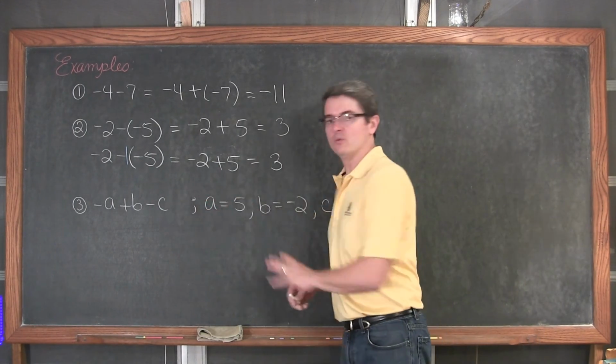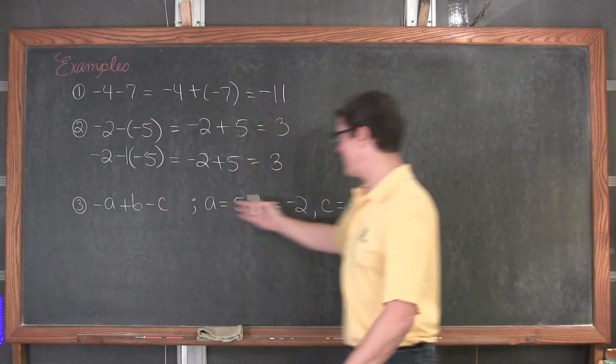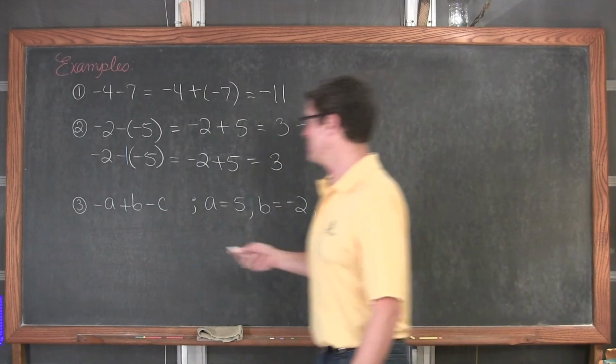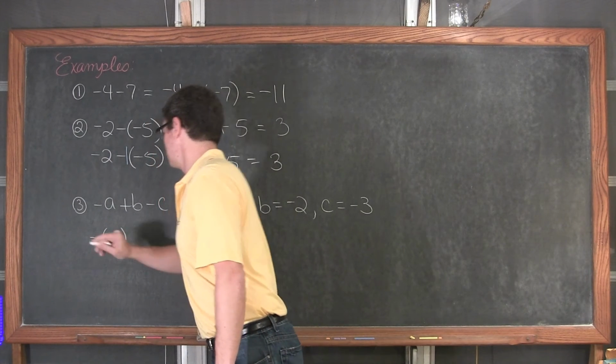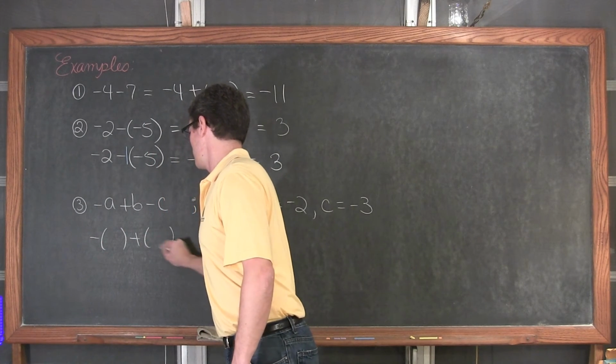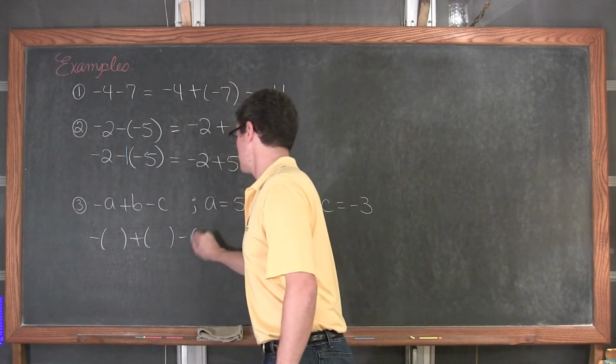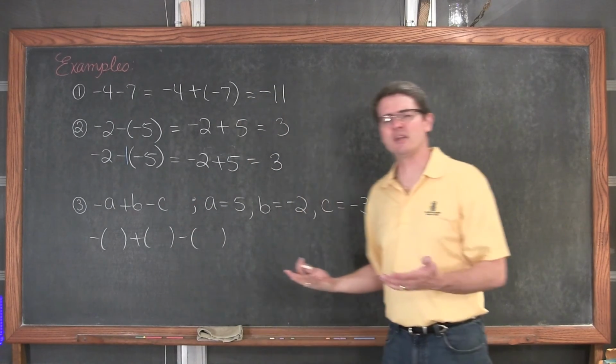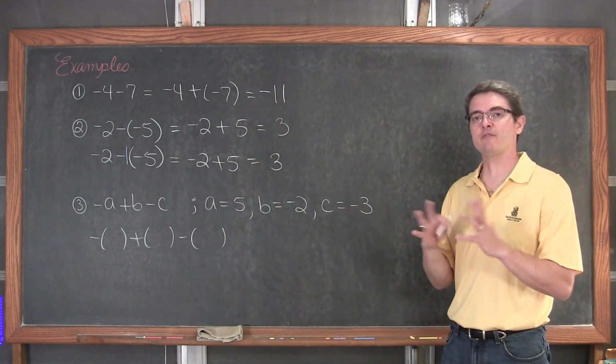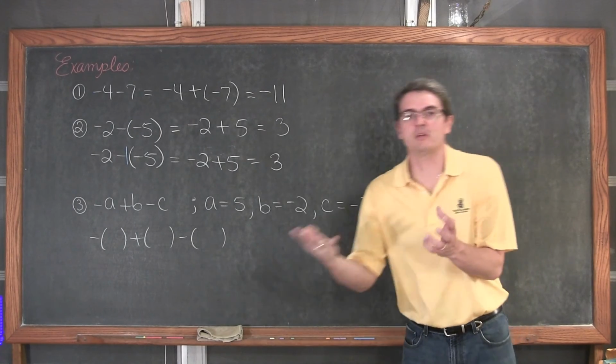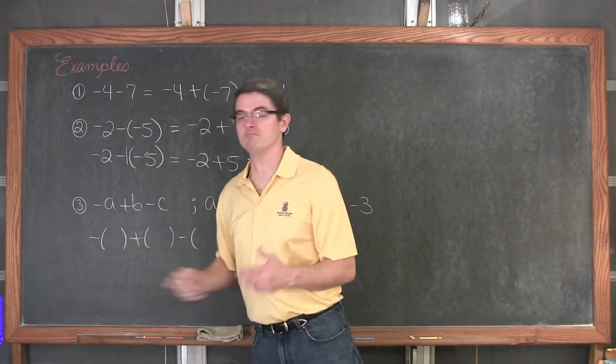So what I want to do is look at this expression. I've got some numbers to plug in, and I'm going to just write negative a plus b minus c. I'm not even looking at what I'm plugging in, because all a variable is, is an open space to put in a number. It represents a value which we don't know.